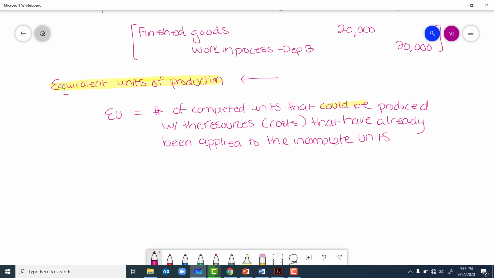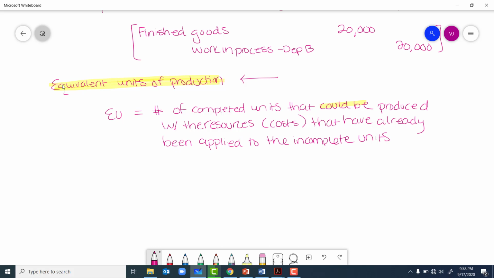So basically the equivalent units of production looks at how many complete units could I have made looking at what I've spent so far on these incomplete and complete units that I have so far. Okay, so if I've spent $100 to get 3 units partially complete, what does that really equate to in terms of complete units? If I spent $100, how many units could I have completed with that same amount of cost being spent?